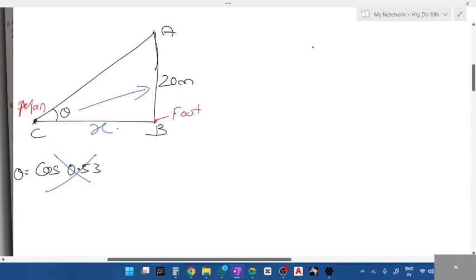From point C, what is 20? Perpendicular. Then from point C, what is X, which we need to find? Base. Which formula is perpendicular and base? Tan theta, right? So tan theta is equal to 20 by X.